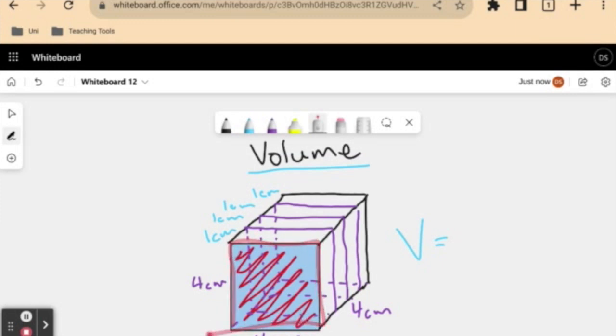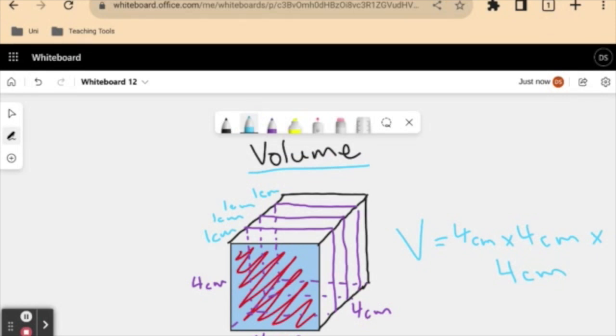So 4 by 4, so it's 4 centimeters by 4 centimeters. And then taking 4 lots of that in our depth, in our third dimension.